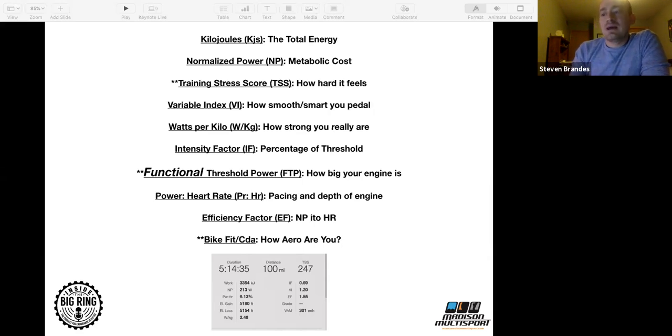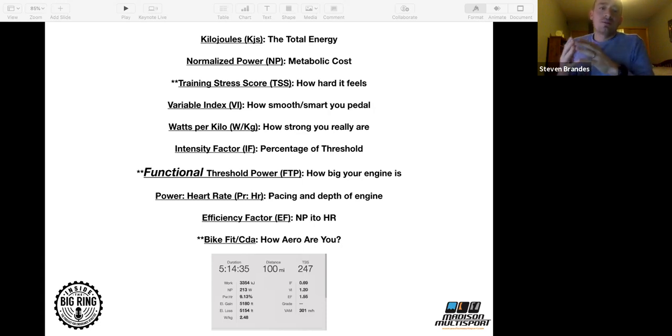If I'm right next to somebody and looking at their power, I think, wow, that person's pushing 250 watts and I'm pushing 200 watts. It looks like that person's pushing more. But if he weighs 200 pounds and I weigh 150 pounds, and you put that into watts per kilo, if I'm riding at 3.5 and he's riding at 3.0, I'm actually stronger, even though I'm smaller.